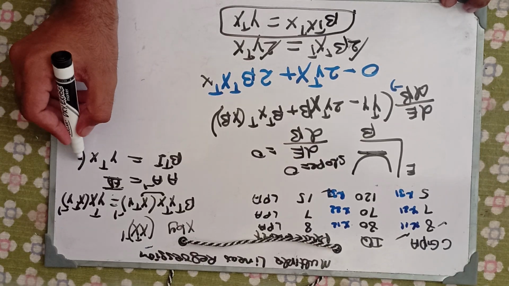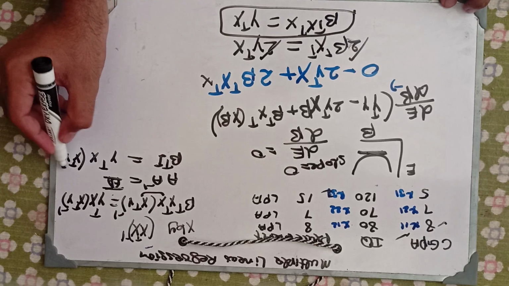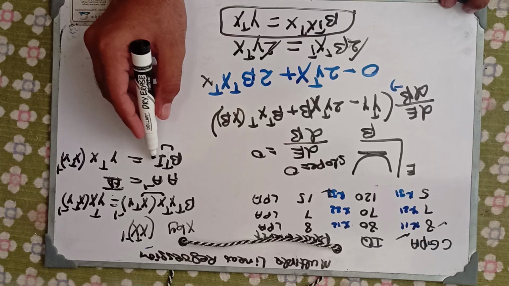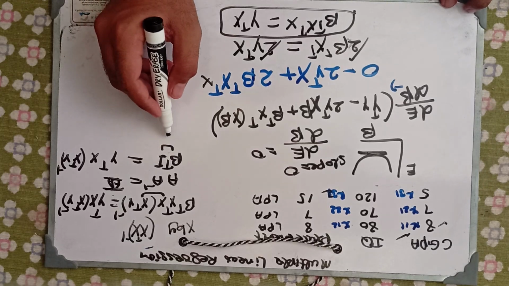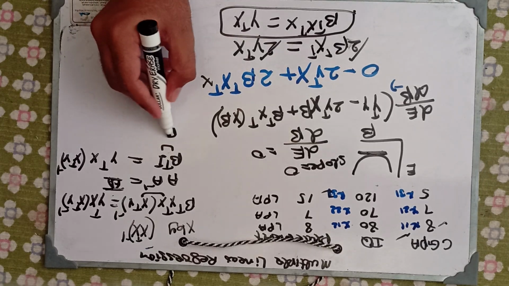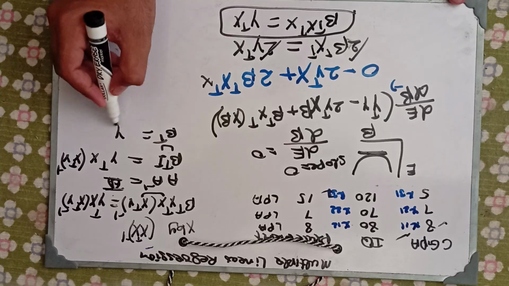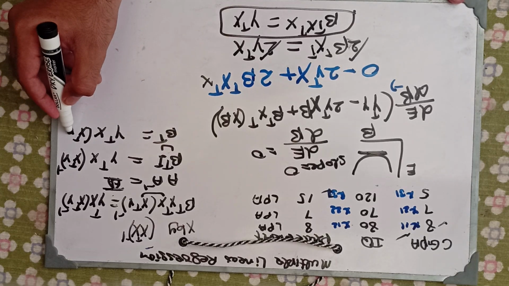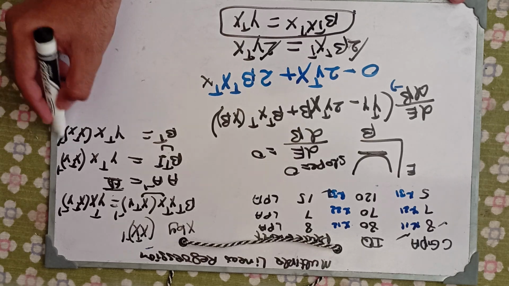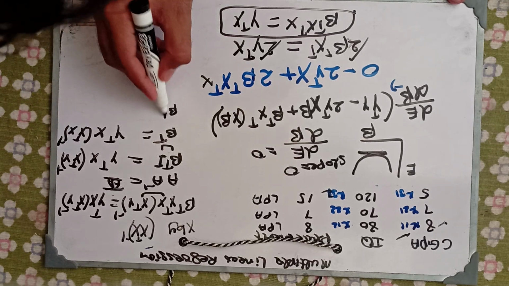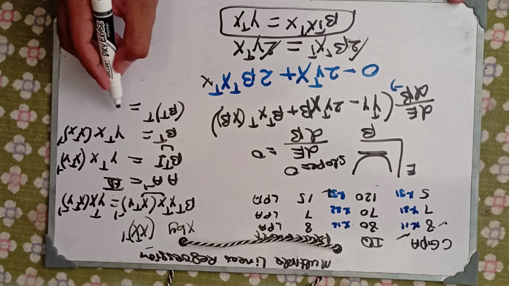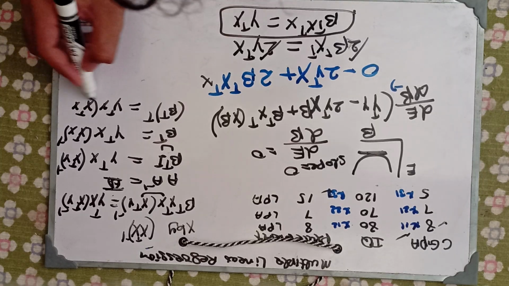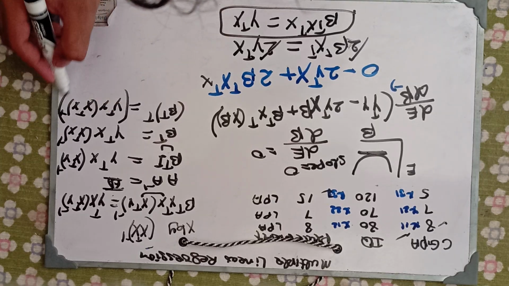If you multiply an identity matrix with some matrix, then that matrix will be returned. So beta transpose equals y transpose X times X transpose X to the power minus 1. Then we will take a whole transpose: y transpose X times X transpose X inverse, whole transpose.